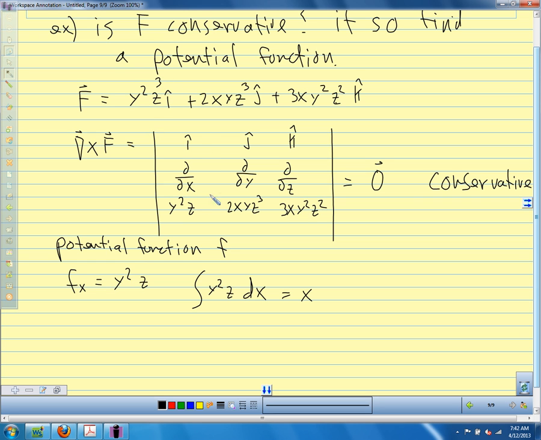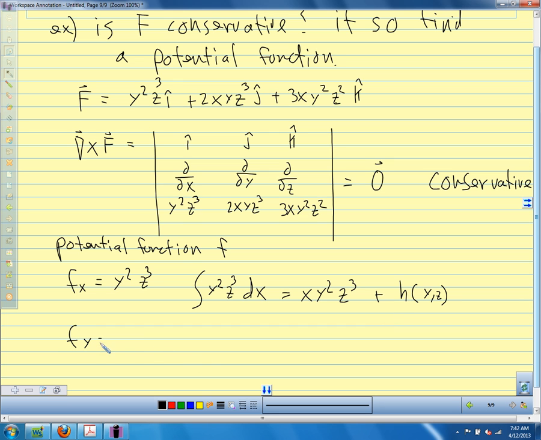This should be cubed. So I bet that first vector field would not be 0, or they would not be conservative. All right, so this is my integral. I apologize. Told you I was not feeling well. I have a cold. So this is x y squared z cubed plus some function, potentially of y and z.